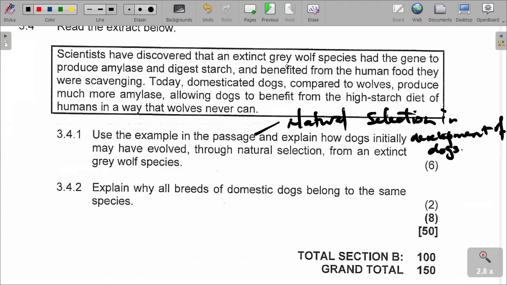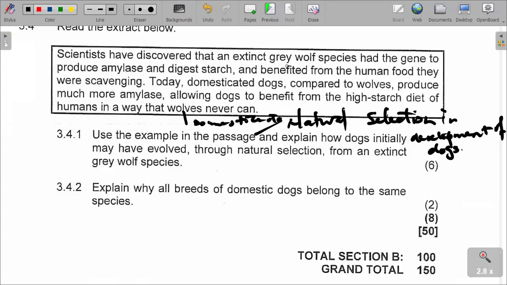So, in other words, you are just describing how the dogs evolved from the wolves to become domesticated dogs, which is a case of natural selection that we talked about, which I've just narrated now.